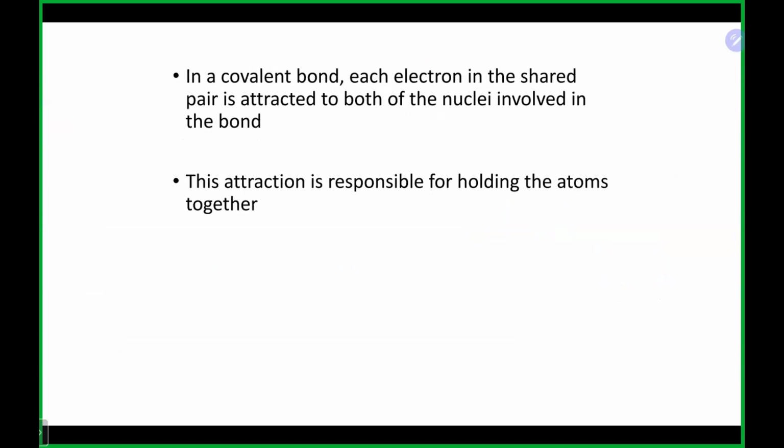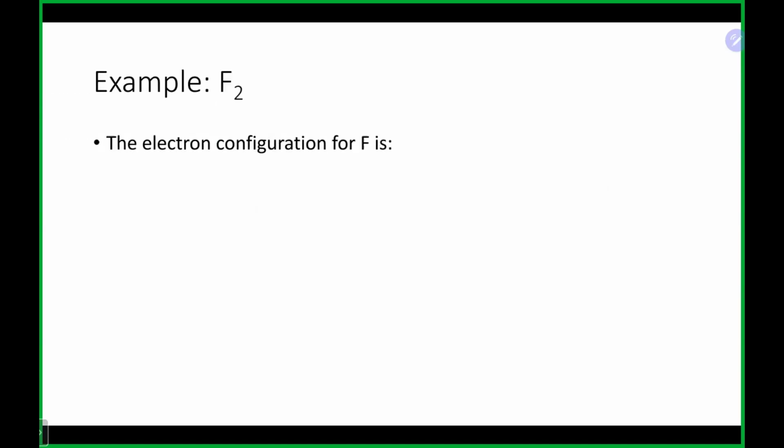So again, that attraction between the nuclei and the negatively charged electrons is really what holds that bond together. If we take a look at fluorine, or F2, once again, fluorine here is group number 7, so it will have 7 valence electrons. And if we have another one here, it will also have 7 valence electrons.